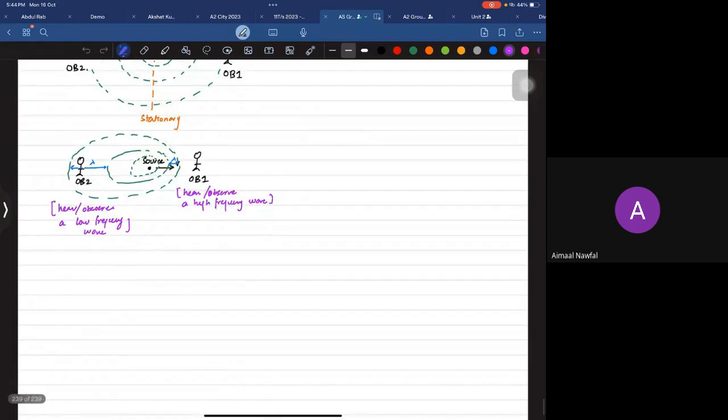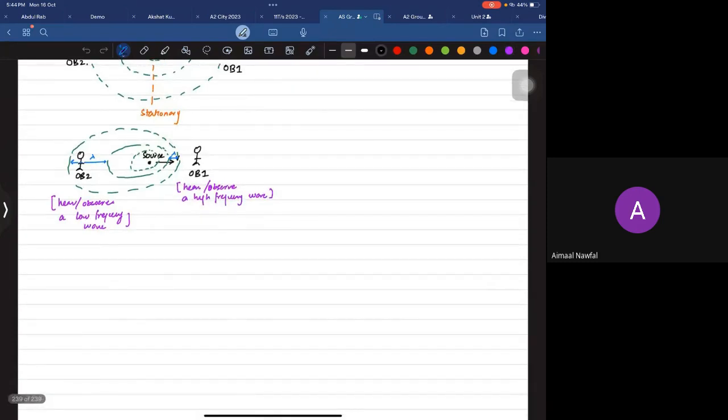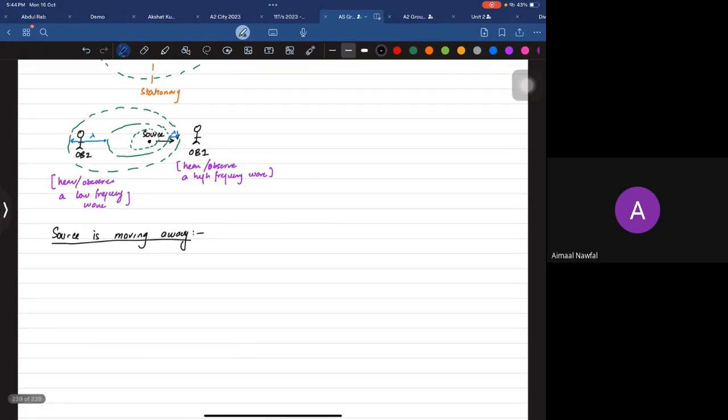So first of all, we're going to give a heading. We're going to write: source is moving away. When this happens, what do you experience? First of all, the observed frequency is lower than the actual frequency.